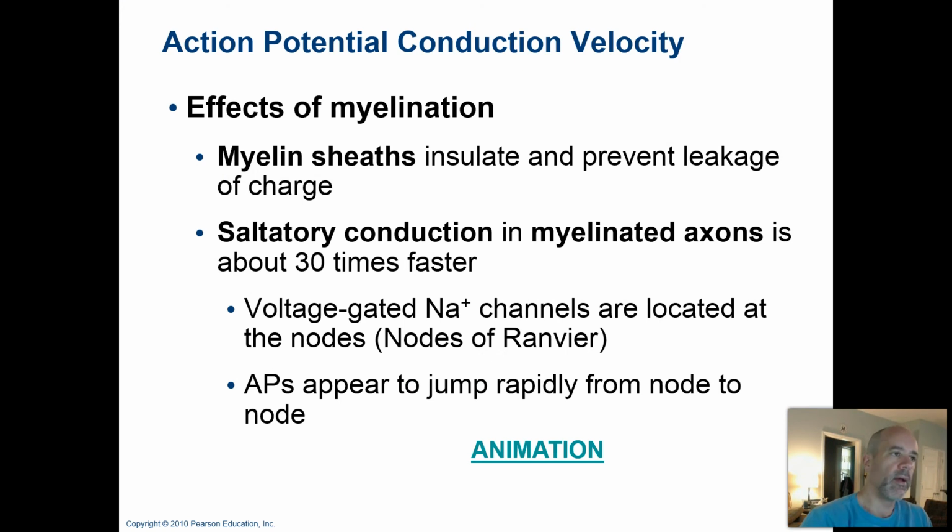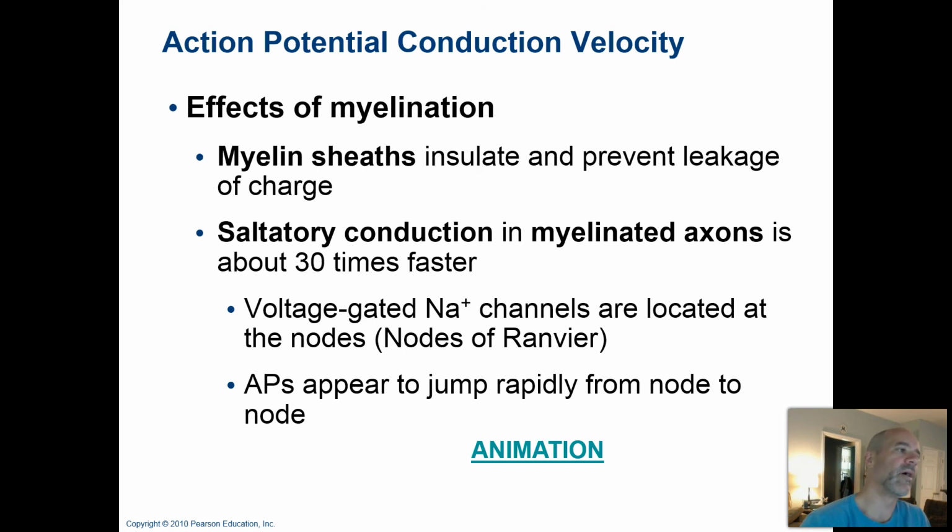Now, what makes this happen really fast? This sounds like a complicated process, and even though you do this depolarization in a fraction of a second, we said earlier that some of these axons can be several feet long. They might be extending all the way from the spinal cord down to muscles around your ankles and your feet.